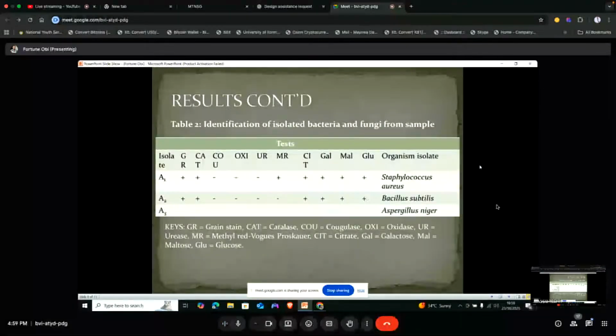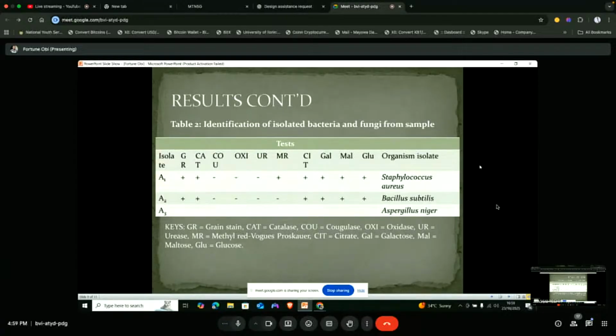Hello? Respond to that, please. Okay, the reason why Aspergillus niger did not undergo biochemical tests was because from the morphological shape of Aspergillus niger, you can easily recognize the microorganism.